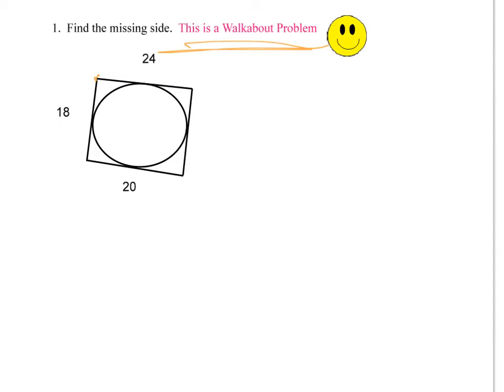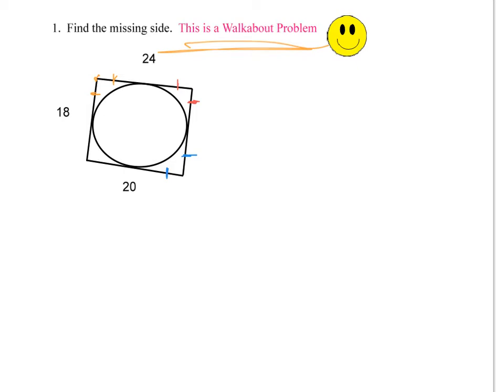I know that my circle is inscribed in my quadrilateral. Therefore, this piece right here must be congruent to this piece because those are both tangents drawn from the same point. Likewise, in red, this piece must be congruent to this piece. Likewise, in blue, this piece must be congruent to this piece.